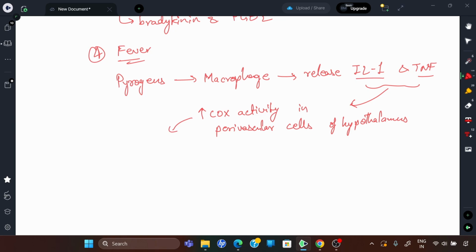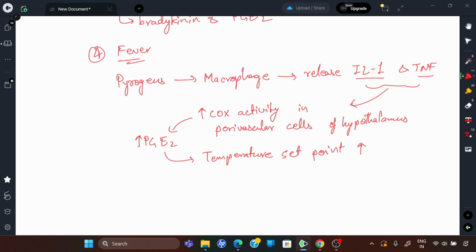We know that prostaglandins are produced, and when the levels of prostaglandin E2 increase, then the temperature set point within the hypothalamus is raised. Due to which the body temperature goes up. The hypothalamus regulates according to this new set point, which is higher than what it should be normally, due to which the fever response occurs.